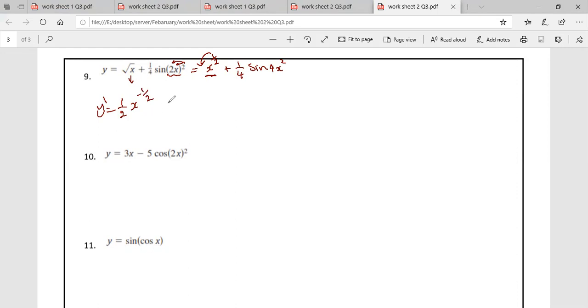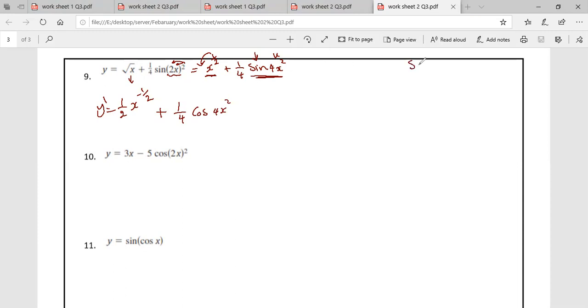Yes, I know how I get this answer. Plus 1 over 4 multiply. What is the derivative of this function? It is a composite function. The derivative of outer, that is my u, the inner function. So it will be cosine u, which is 4x squared.